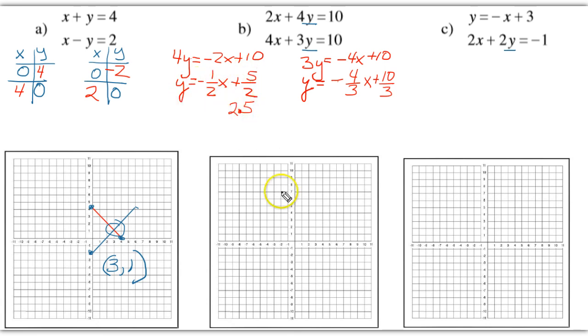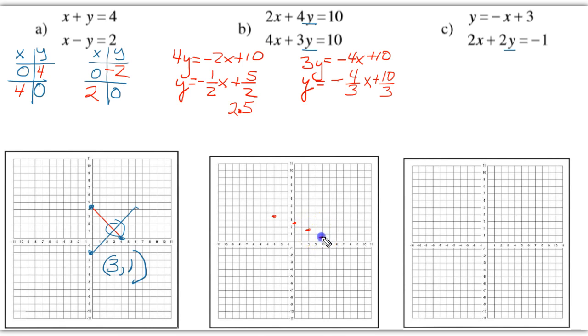So to plot this one, just to go over that little technique here, we're going to put a dot, and on your math lab, normally they give you a split screen. There's a 2.5 for our y-intercept, and our slope is going to be a negative 1/2. So we're going to go over 2 and down 1 here, and over 2 and down 1.